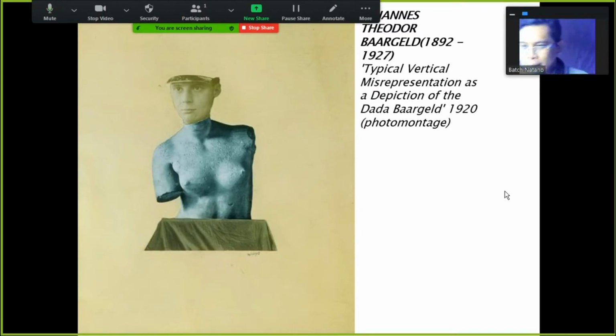Let me add something just to give you an idea. It says here that it is a depiction of the Dada Baargeld. When we say Dada, Dadaism, if you have encountered the term Dadaism, it is a form of art.